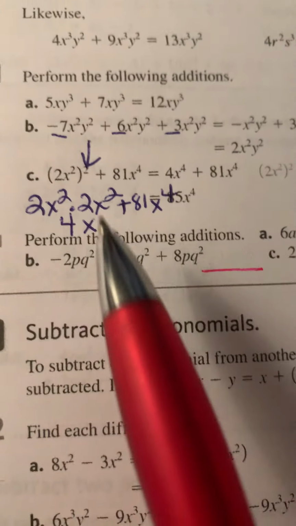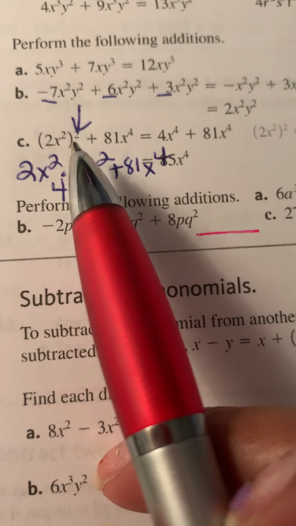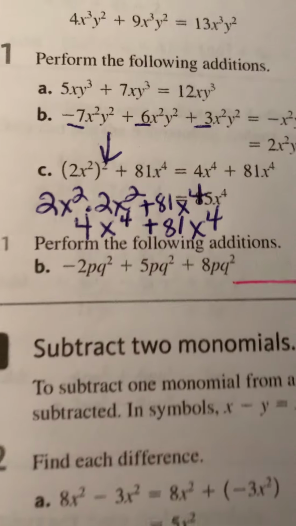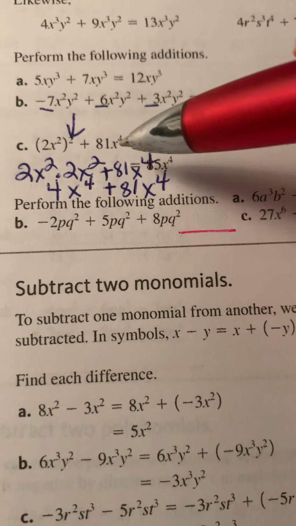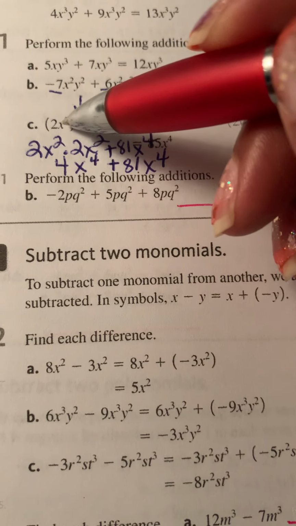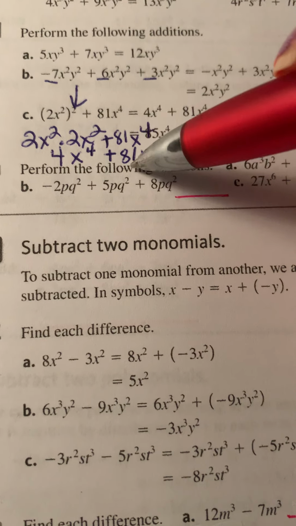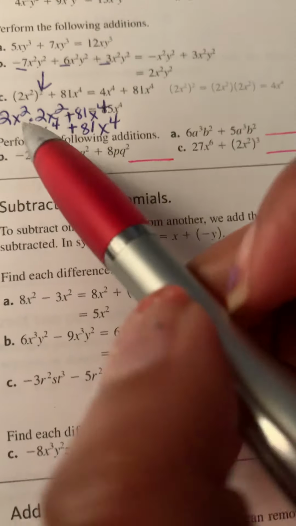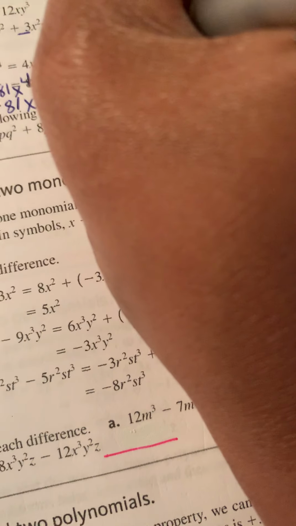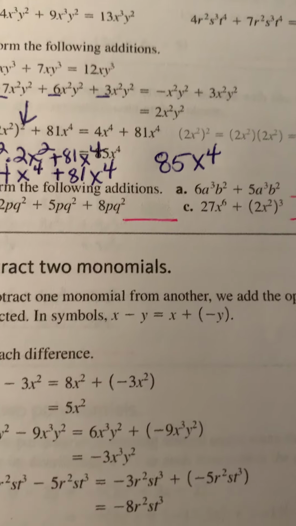This has a multiplication dot, so this is to be multiplied, and you add the exponents, plus 81x to the 4th power. It's like doing order of operations. You want to make sure you get everything done first and then bring down your 81x to the 4th. So it is like terms, and when you add it up, that's how they ended up with 85x to the 4th power.